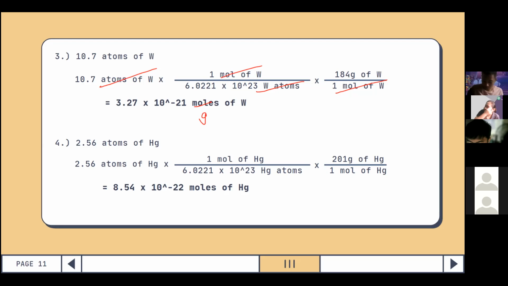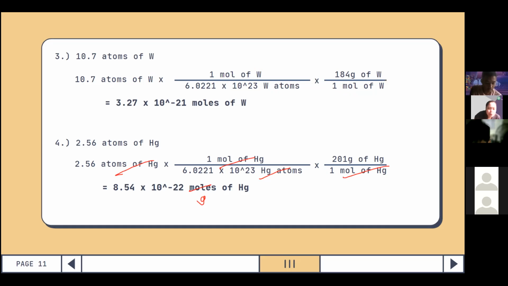Okay, paki-recheck na lang ang units ninyo. Hindi yan siya moles ha, at grams yan. Yung sa first part, yung ating moles. And then 2.56 atoms of mercury. Okay, grams ulit tayo dito. Times, what is the atomic weight of mercury?